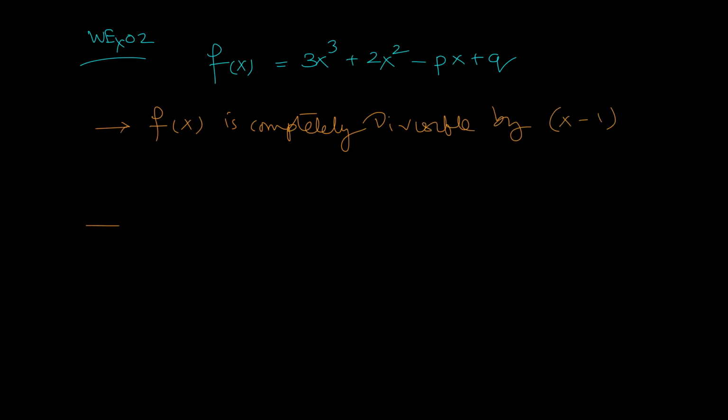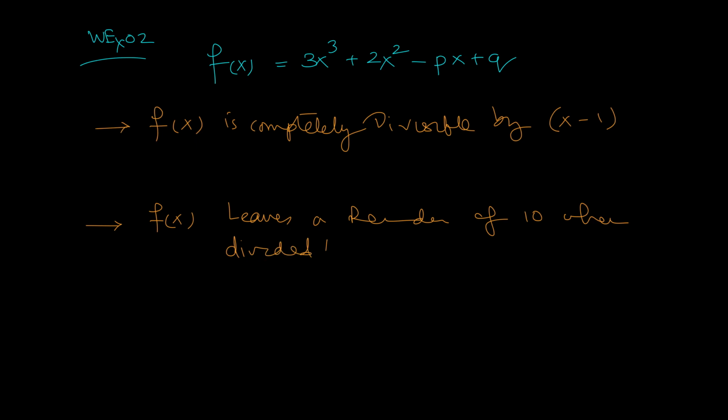Second piece of info, f(x) leaves a remainder of 10 when divided by x plus 1. And then as usual, what are they asking for? They are asking us to find the value of p and the value of q.